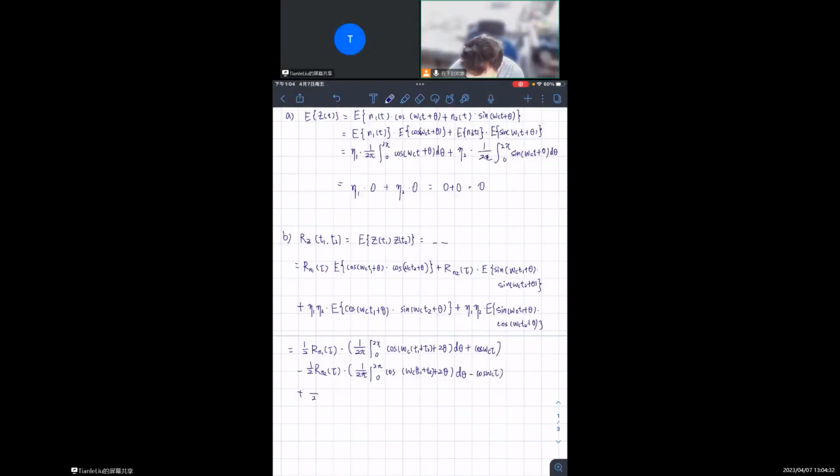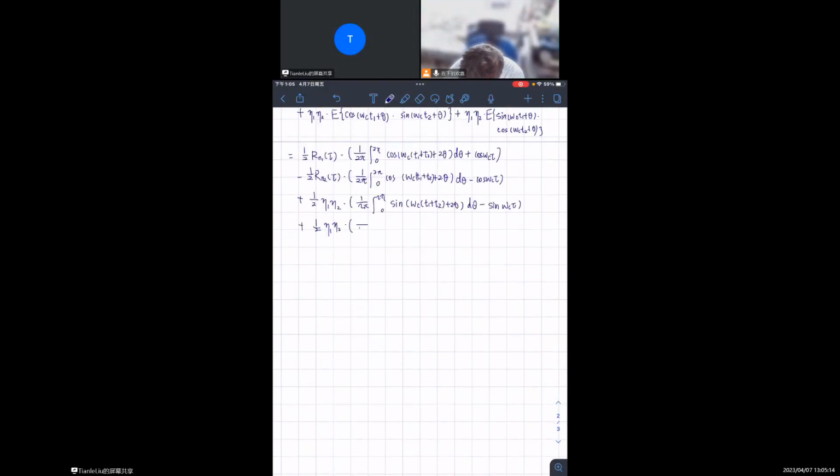And also we have to add the sine-cosine parts, which are the integral of sine(omega_c(t1 plus t2) plus 2 theta) d theta, minus the sine of omega_c times the difference, and then add the other sine-cosine term.